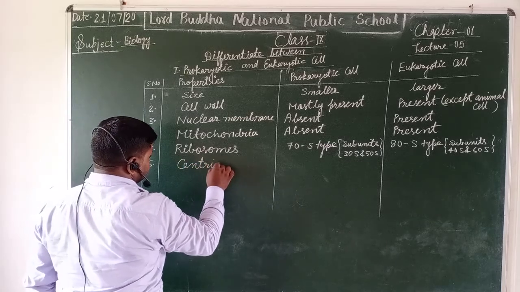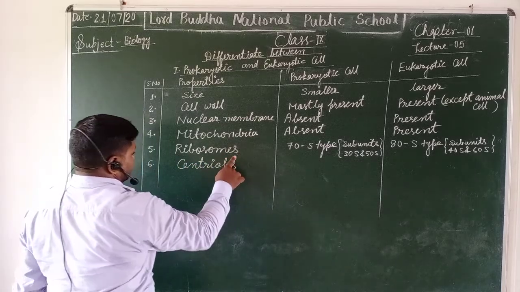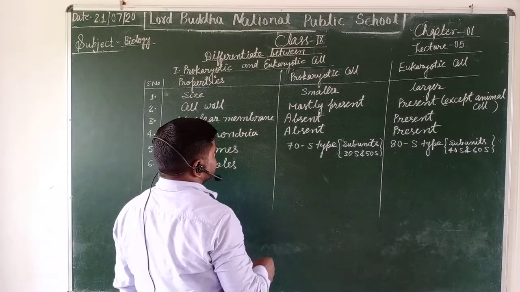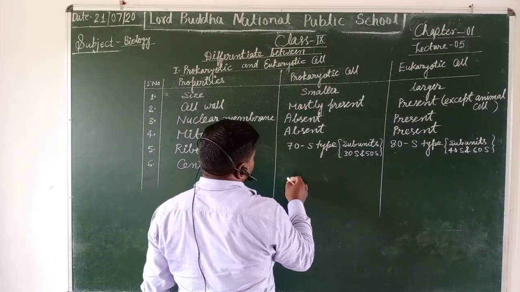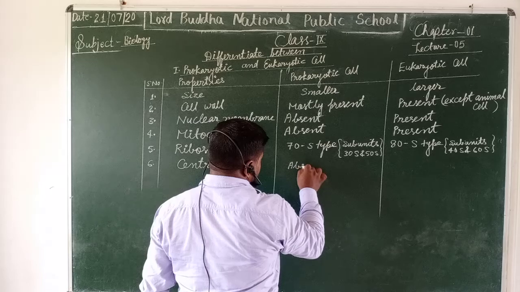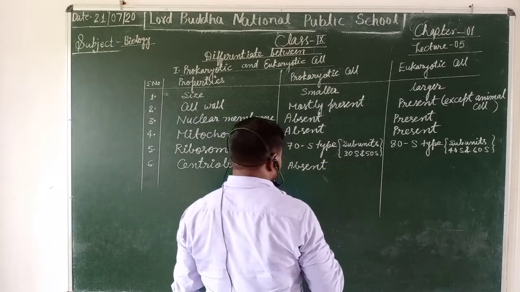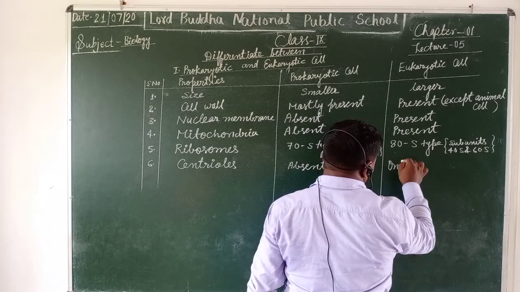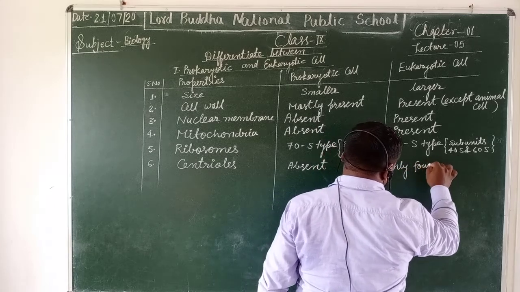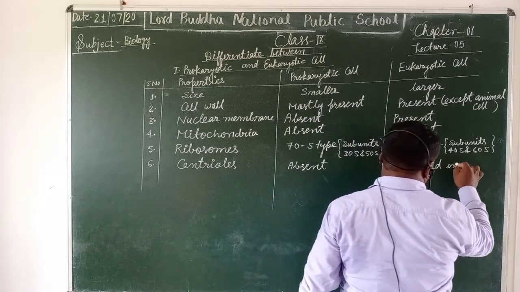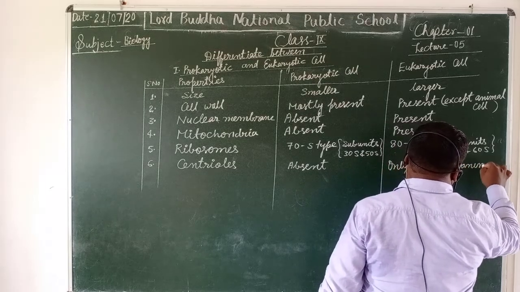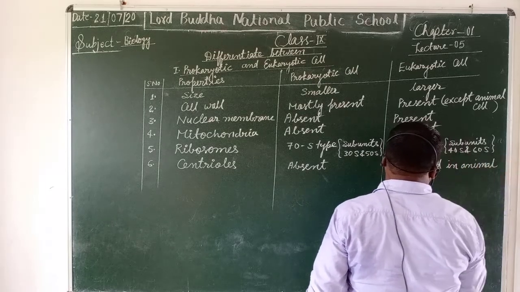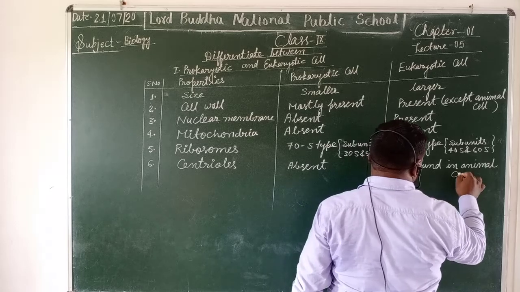Next, centrioles. Centrioles are not found in prokaryotic cell. It means absent. But in eukaryotic cell, they are only found in animal cell.